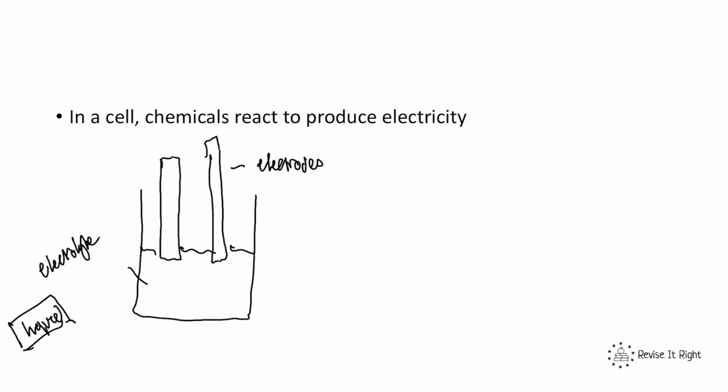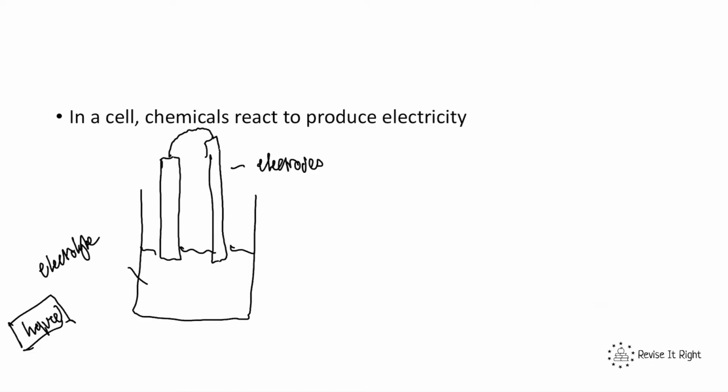Now what happens is there is a chemical reaction between these electrodes and the electrolyte, and it's important that these electrodes are connected to each other by a wire. So these chemical reactions between the electrodes set up a charge difference between the electrodes. So one of them is going to be more positive and one of them is going to be more negative. There is a difference in charge.